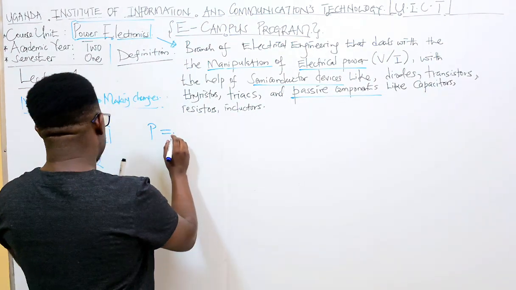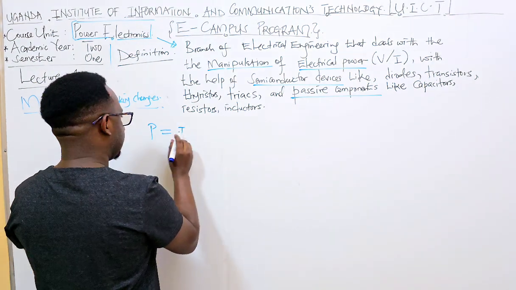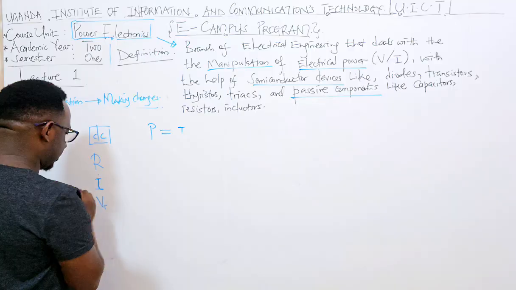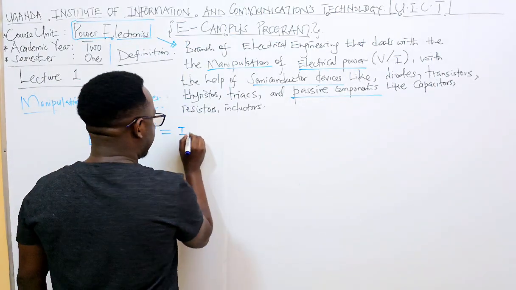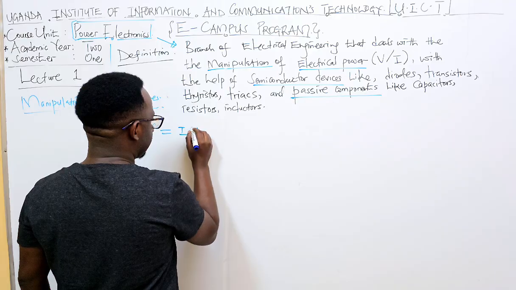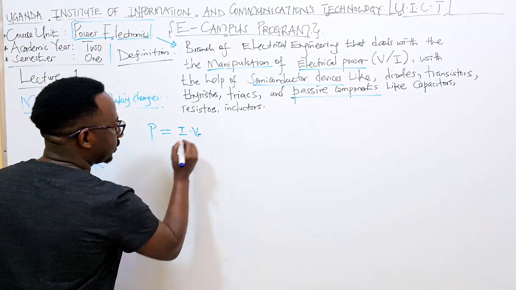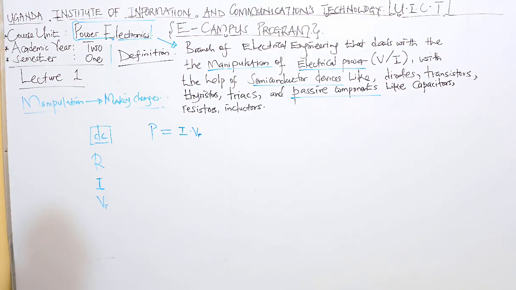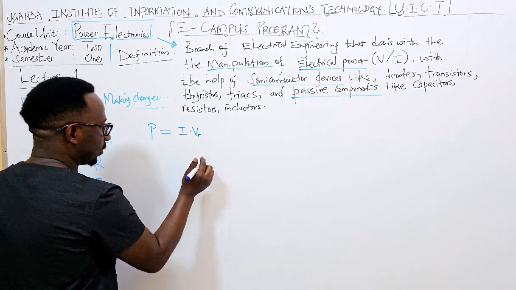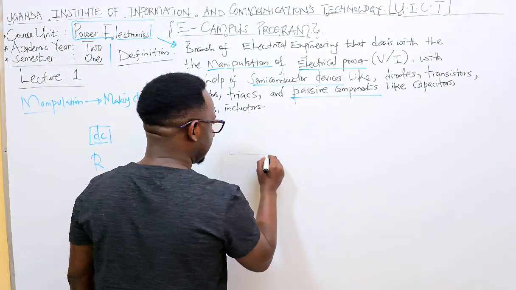So, the power dissipated by that load could easily be given by P equals I times VR.